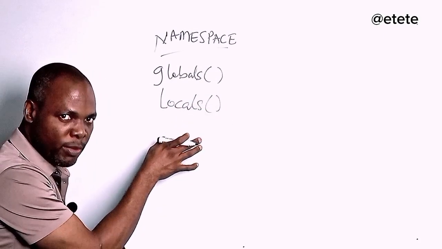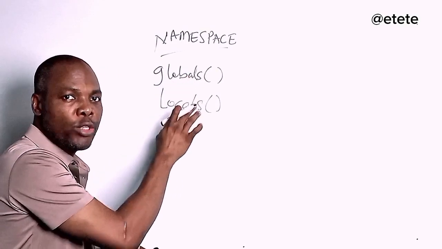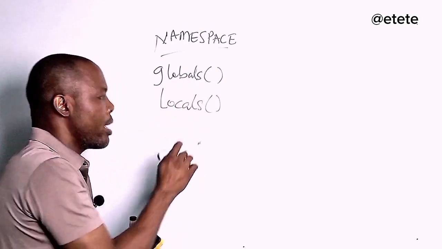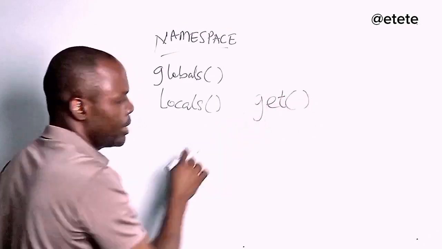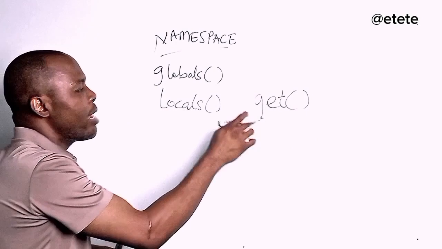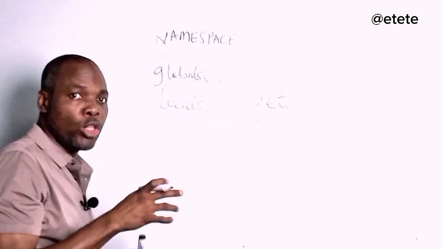This is what the namespace uses. So I'm going to write a program now, and then bring these two in to explain more. And then I mentioned something like the get method. Now, this global namespace and the local namespace are going to return a dictionary.